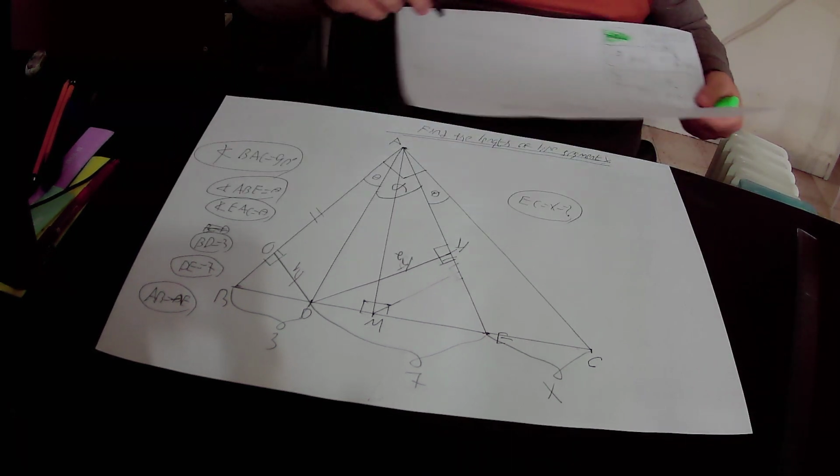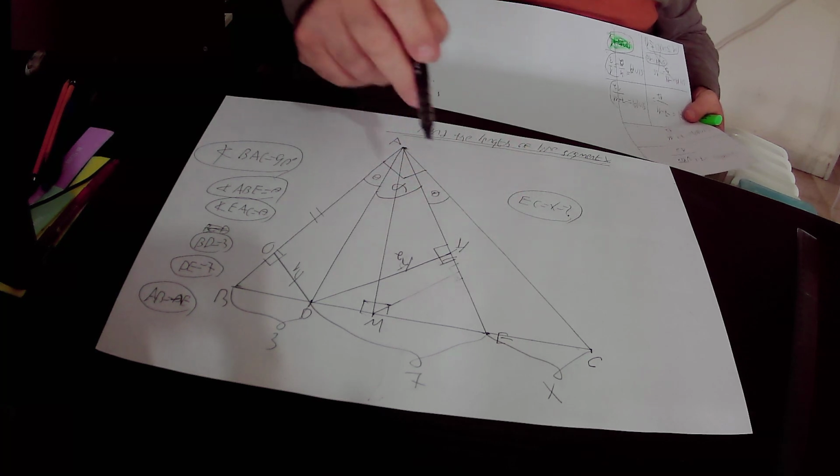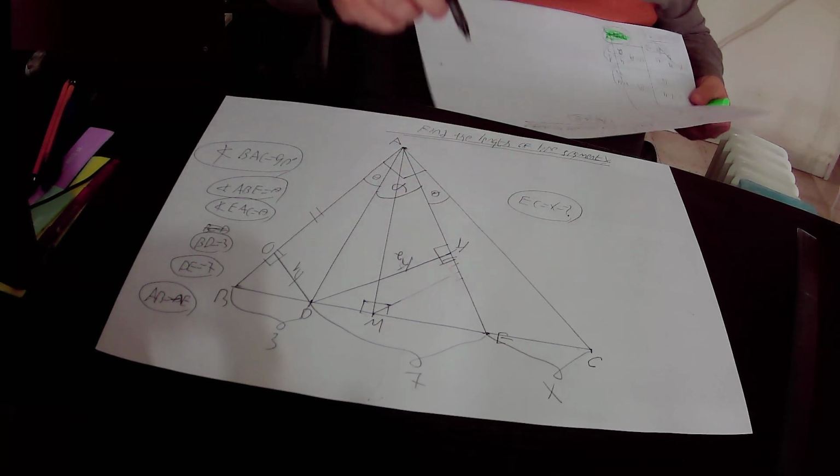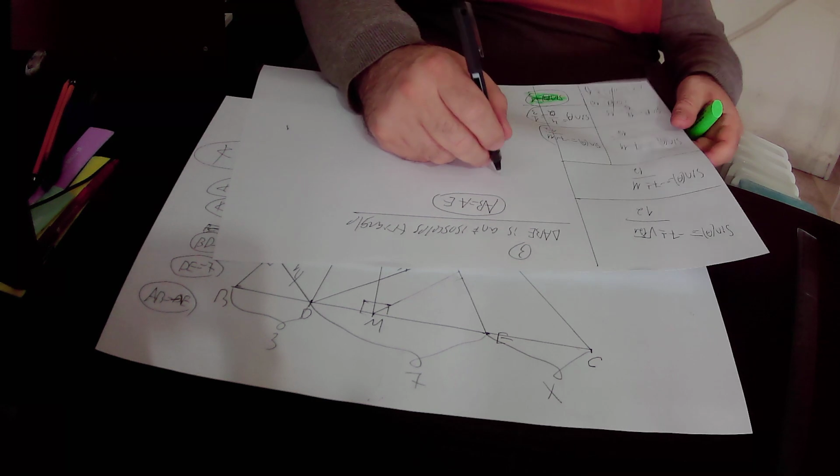So in the isosceles triangle ABE, the base of the triangle is BE.